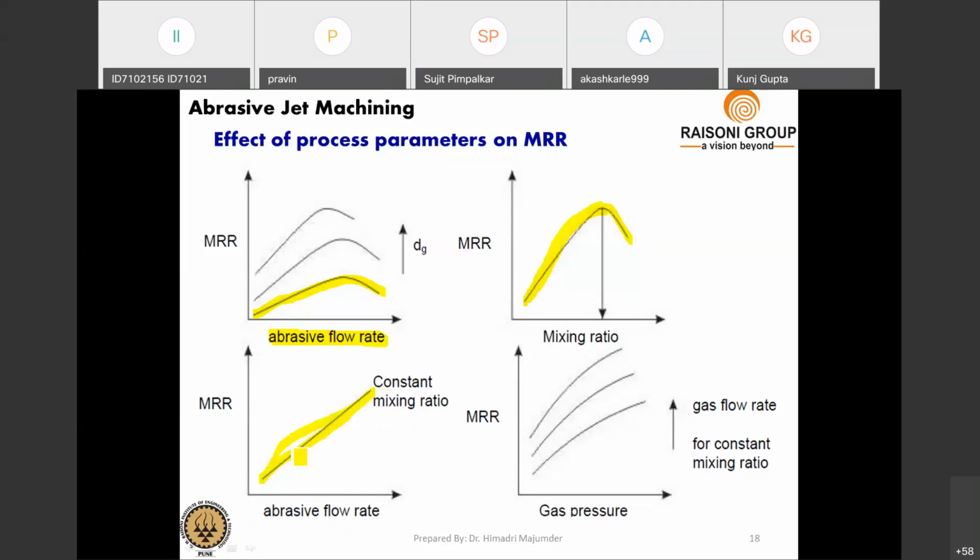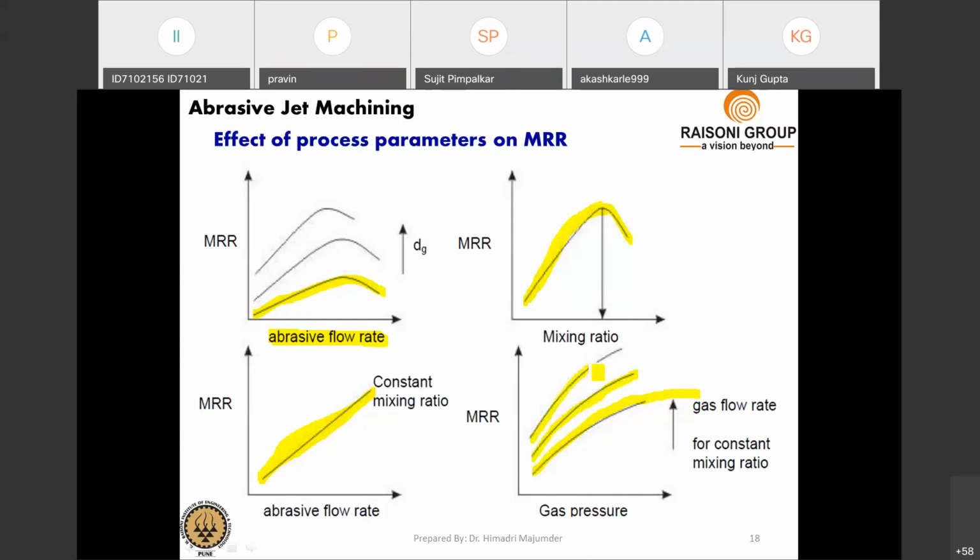That is the effect of abrasive flow rate on MRR. Now in the fourth graph, you can find the gas pressure effect on MRR. If you increase the gas pressure for constant mixing ratio, and also increase the gas flow rate, then you will find that MRR is increasing, and after a certain period of time, it reduces.